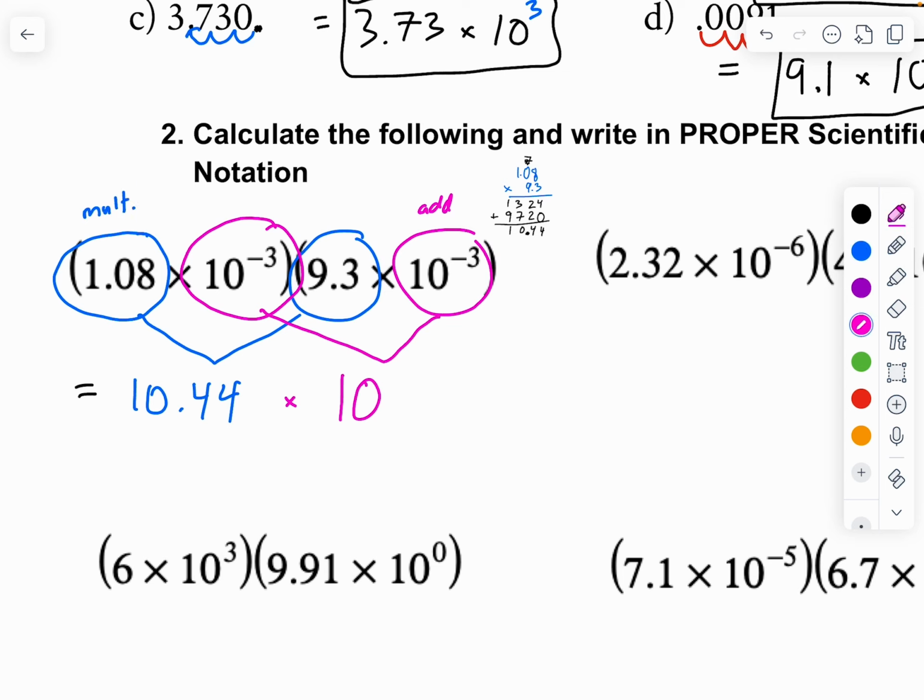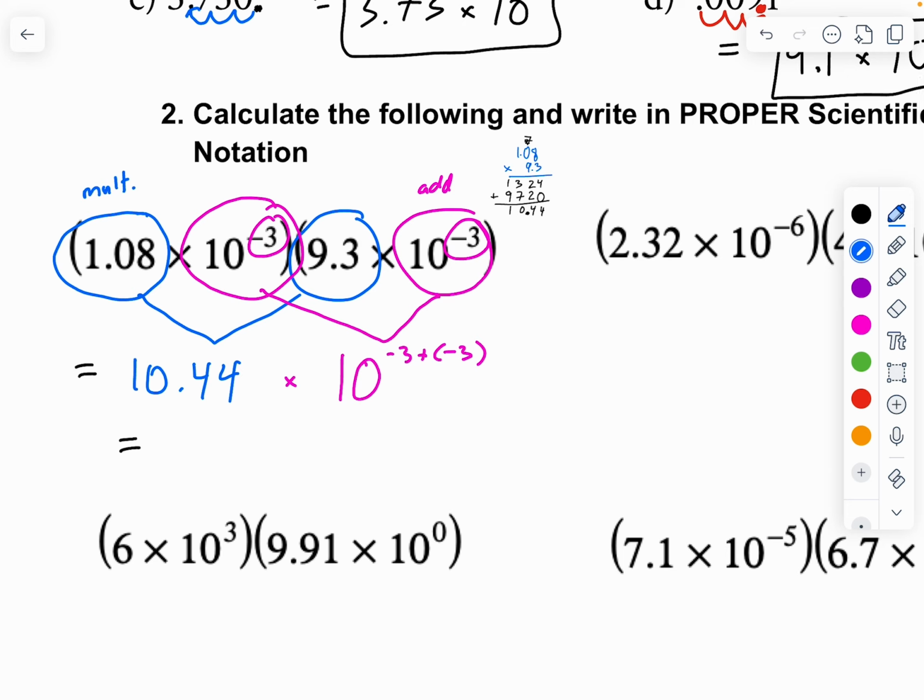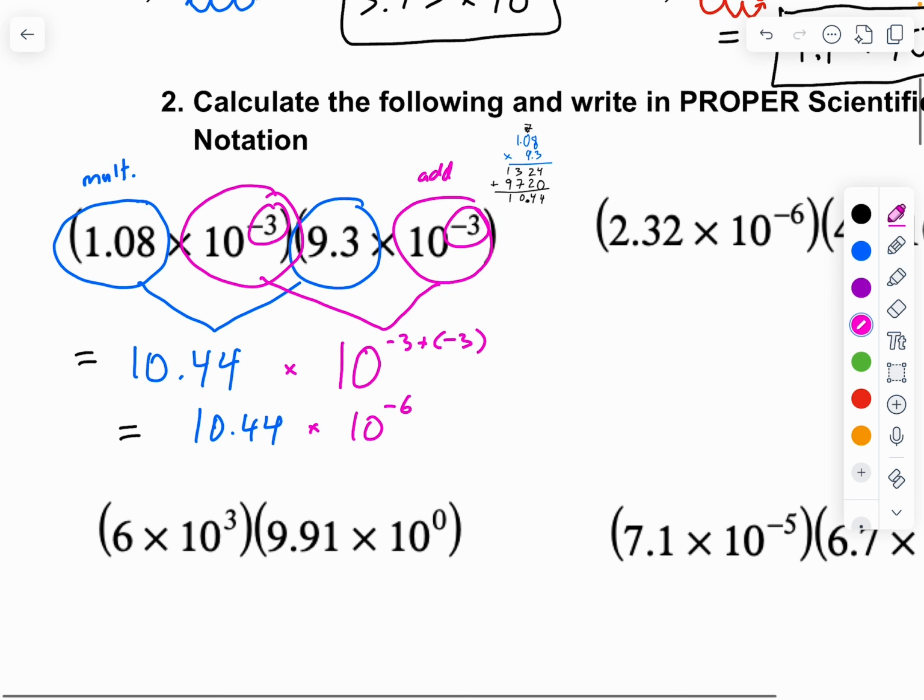For pink, we gotta add negative 3 plus negative 3. It's just the exponents. What would that give you? Not the final answer. I know the next step is not the final answer. We have 10.44 times 10 to the power of negative 6.